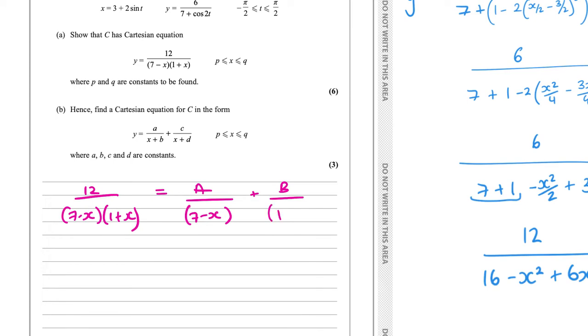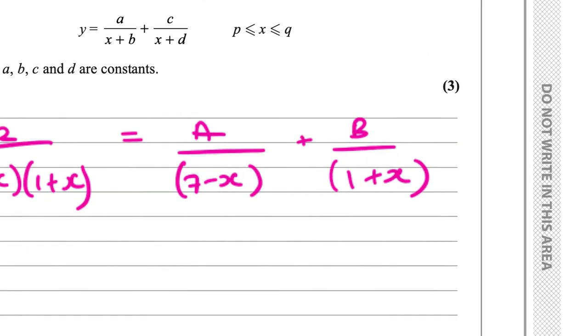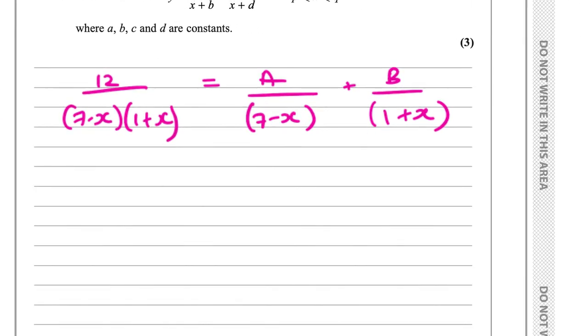Now, they've done something a bit cheeky in this question, and I'll show you towards the end of it. Yeah. So, what do we know? We know that 12 is going to equal a lots of 1 plus x plus b lots of 7 minus x.